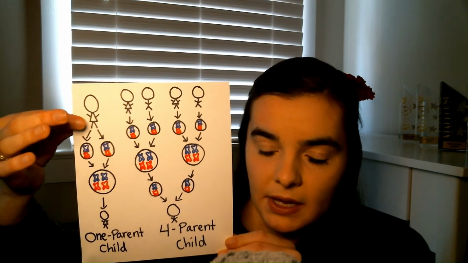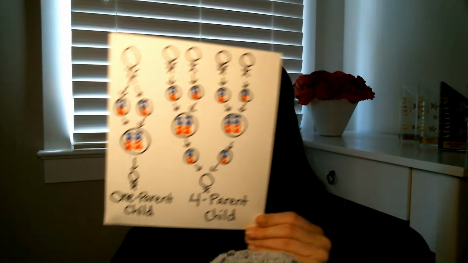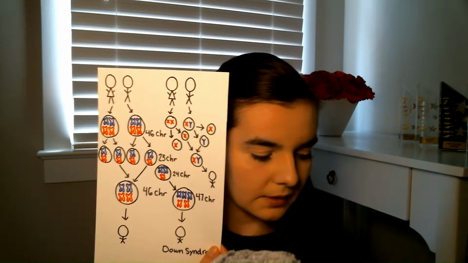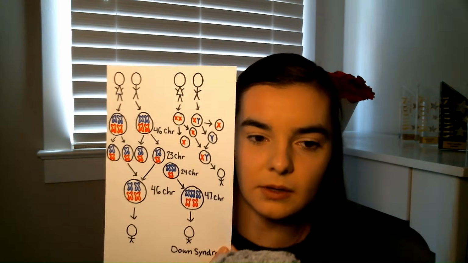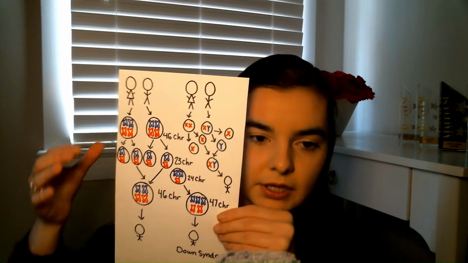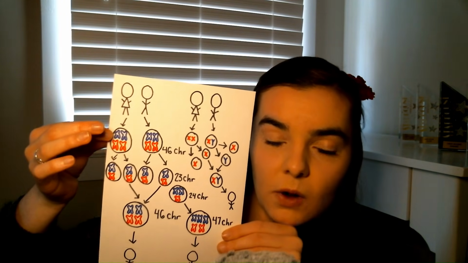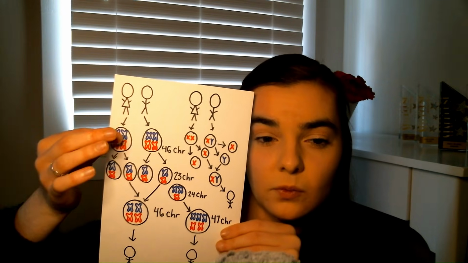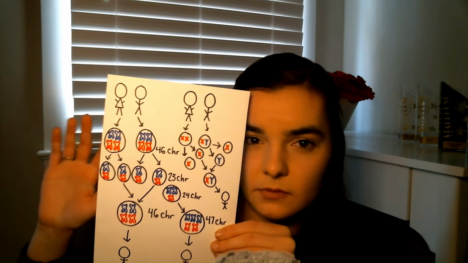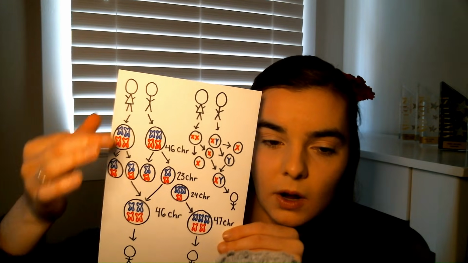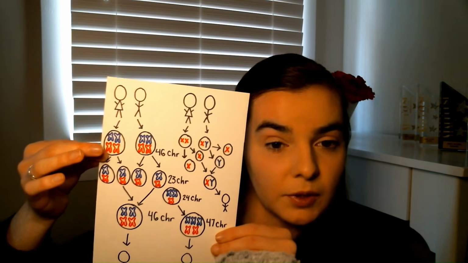So in the female over here, she has two of each chromosome, right? She got one of them from her father and one of them from her mother, correct? So one of each of her chromosomes came from her mother and one of each came from her father.